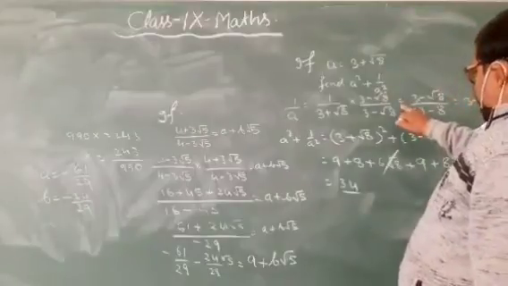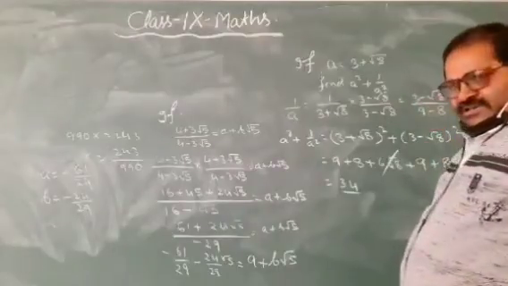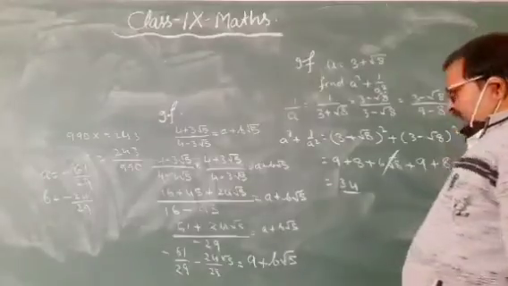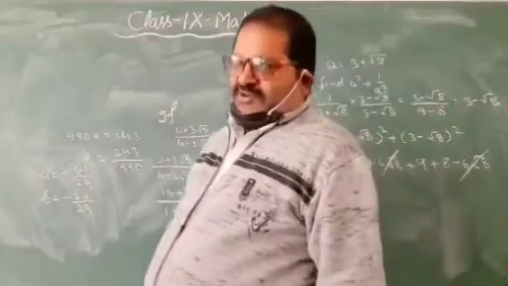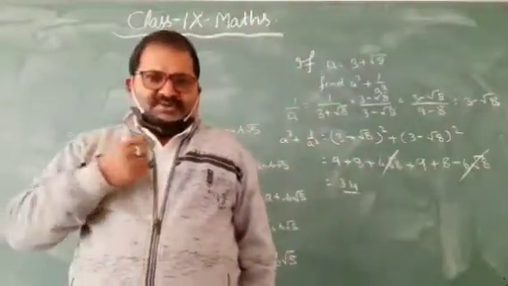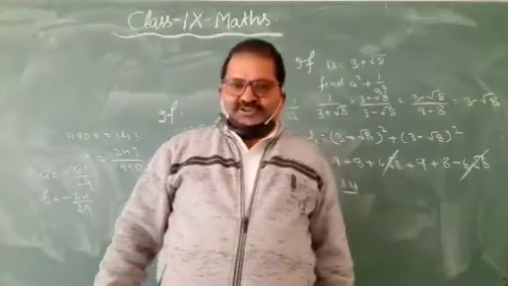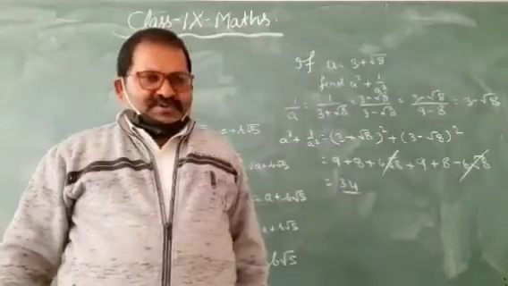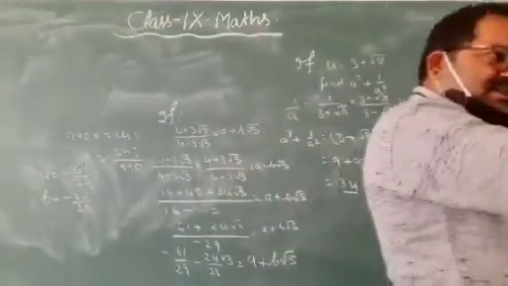That's equal to 3 minus root 8 upon 9 minus 8, equal to 3 minus root 8. So the value of a equals 3 plus root 8 and the value of 1 upon a equals 3 minus under root 8.